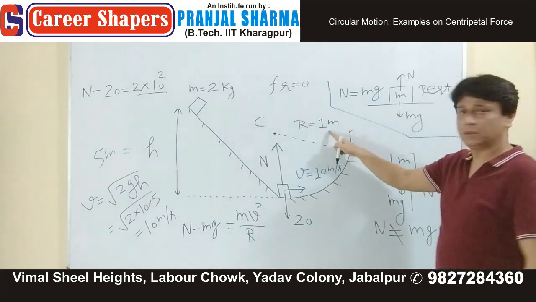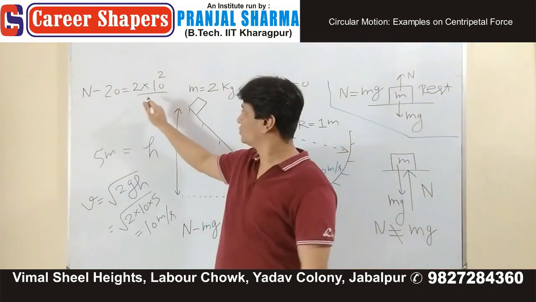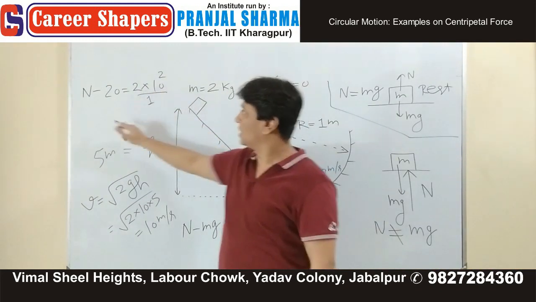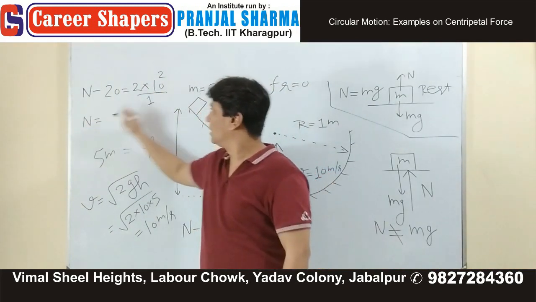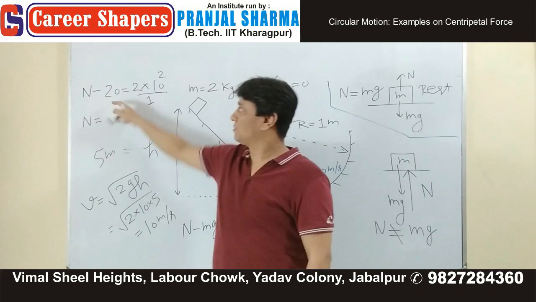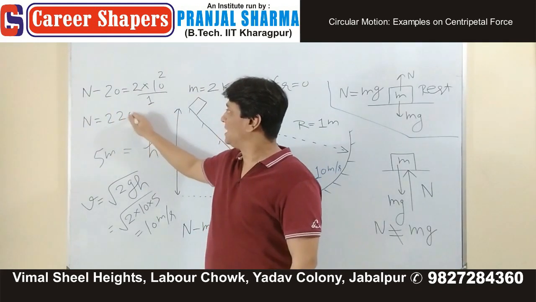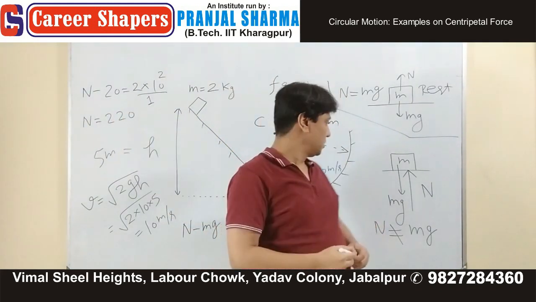What is r? 1. So this is 1. This is coming to what? N is 220 newtons. That is the normal reaction.